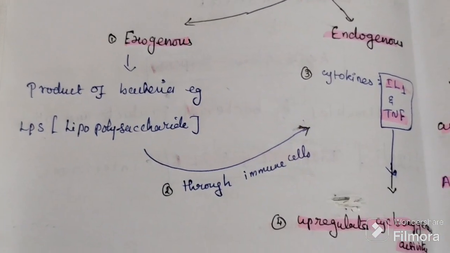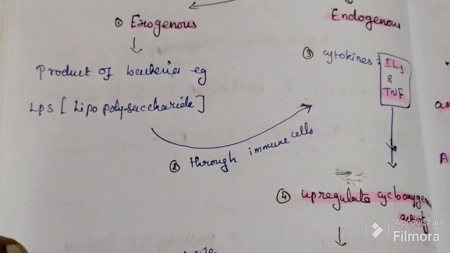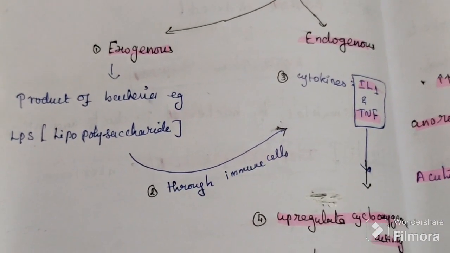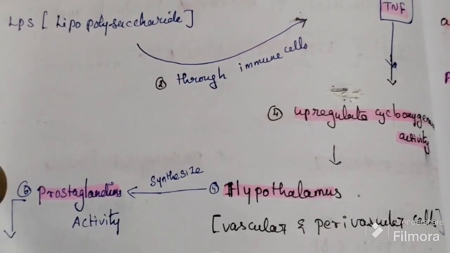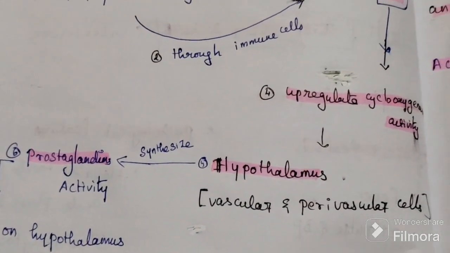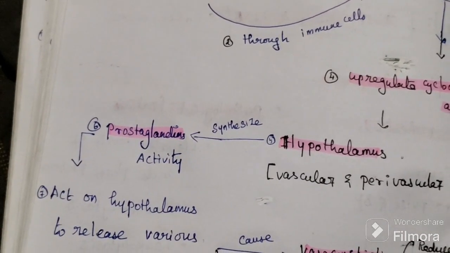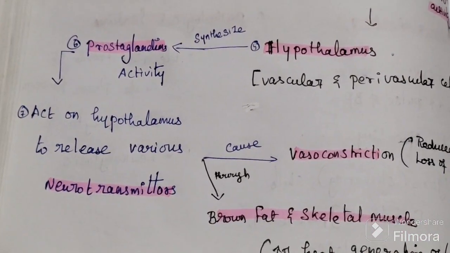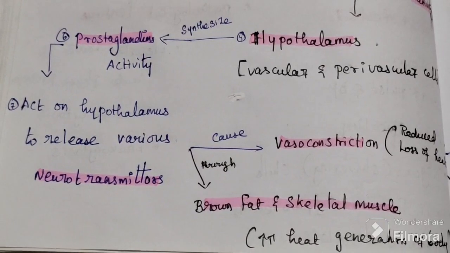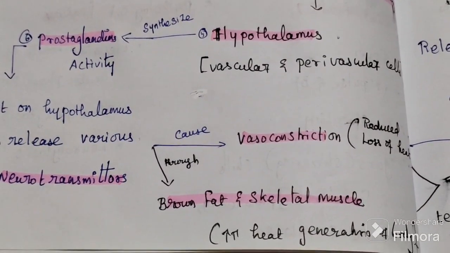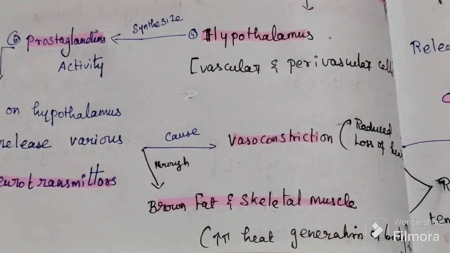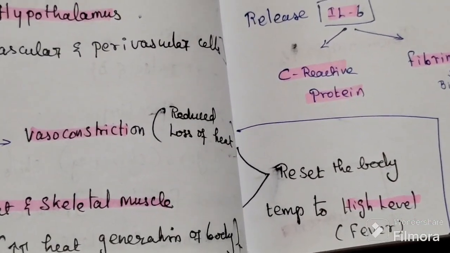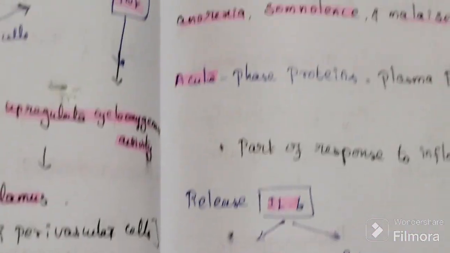Two types of pyrogen, exogenous and endogenous. Exogenous, like lipopolysaccharide, through the immune system induces cytokines. This upregulates cyclooxygenase activity, increasing prostaglandin activity. It releases various neurotransmitters, causes vasoconstriction, and acts through brown fat and skeletal muscles. This increases body temperature, that is fever.